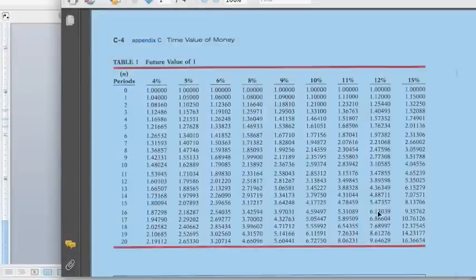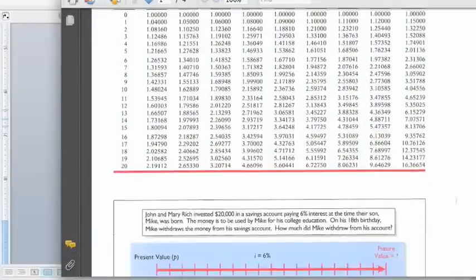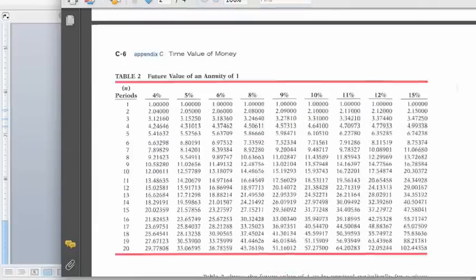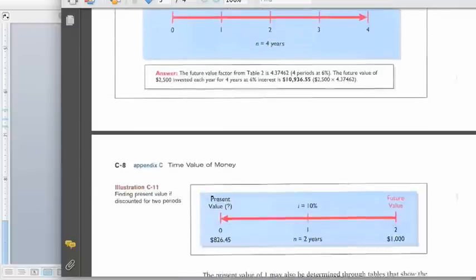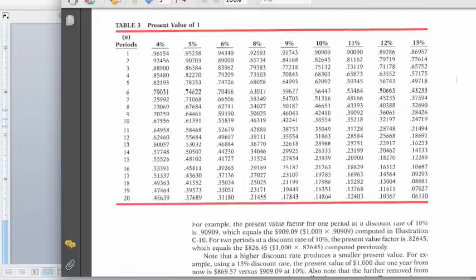So if we want to use the right table, we're going to have to scroll down to Table 3, because we're looking for the present value of a dollar. And so what we're going to do is again find the intersection of 5% and 3 periods. And so we see that the intersection is a rate of 0.86384.